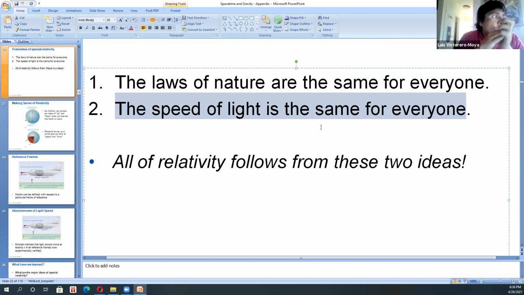The second postulate tells you that regardless of your frame of reference, regardless of how fast you are moving, you will always measure the same speed for the speed of light. Okay? That can be shown using the gamma factor. And actually, that has strong consequences.